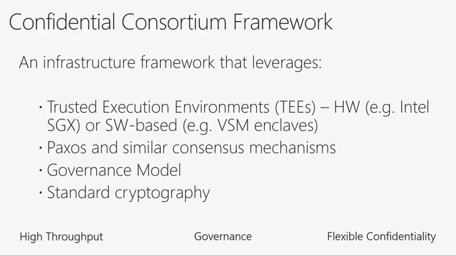COCO framework is using TEEs, which is an abstraction for what we call enclaving. Intel SGX is an implementation of this. It comes on Intel chips, and it creates an enclave where it essentially lets you run your code on an untrusted computer and know that it ran without being tampered with, confidentially, and that it ran what it was supposed to run.